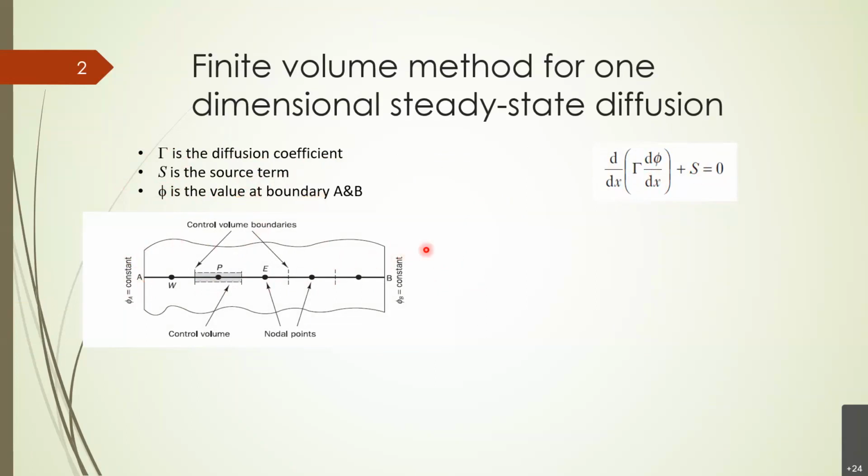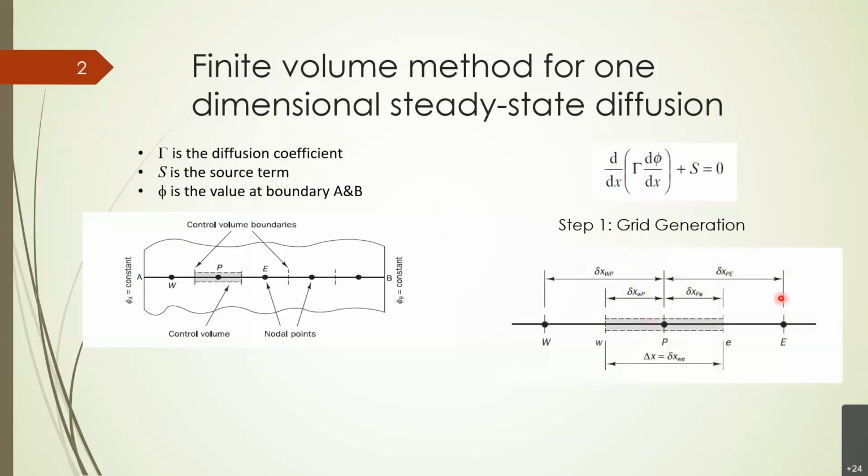To solve this problem, we have some steps. The first step is grid generation. In this step, we need to divide the domain into discrete control volumes, as we can see here.